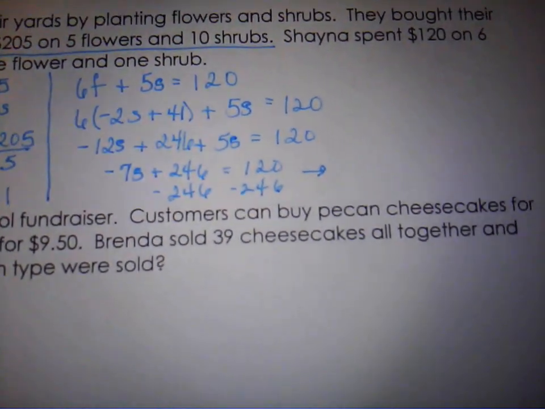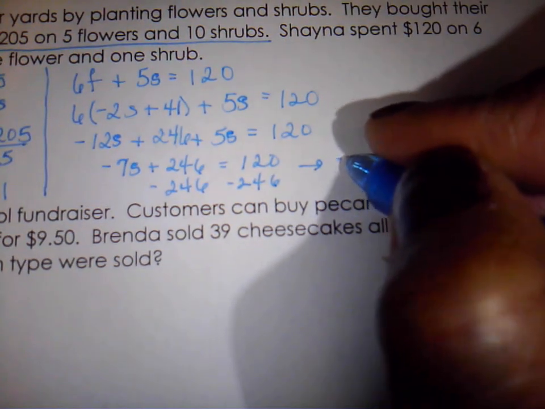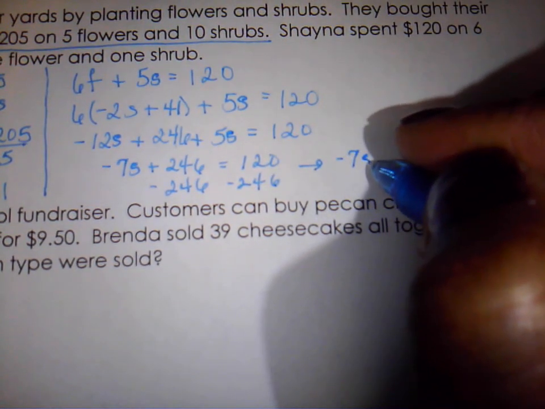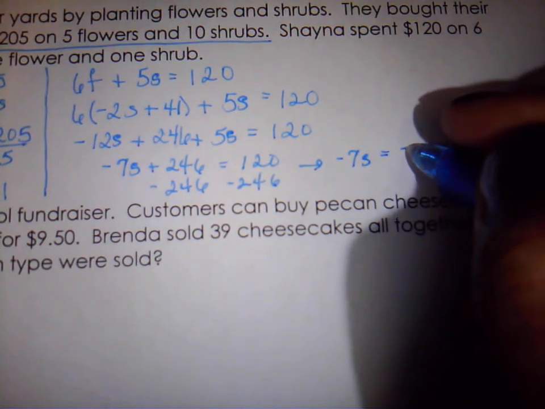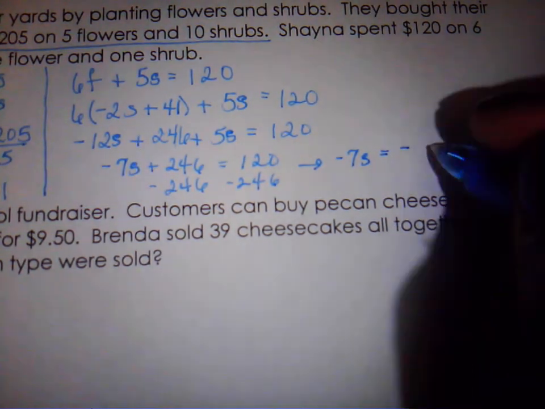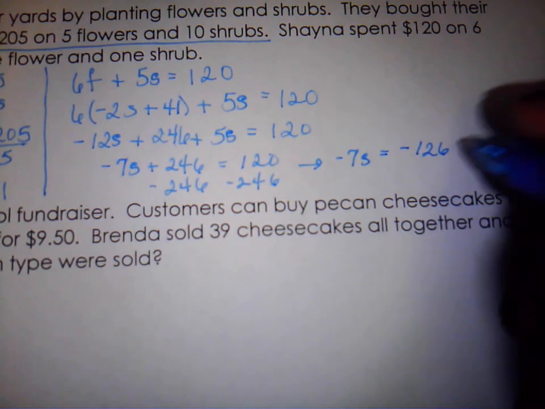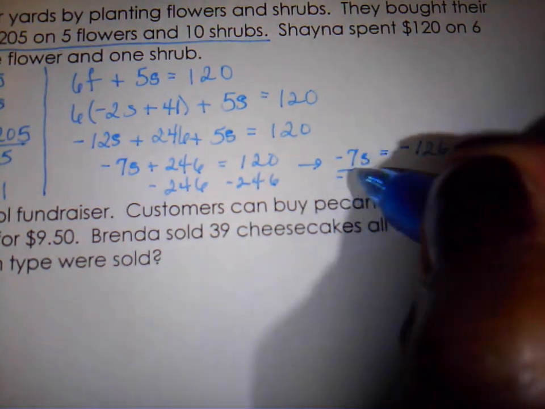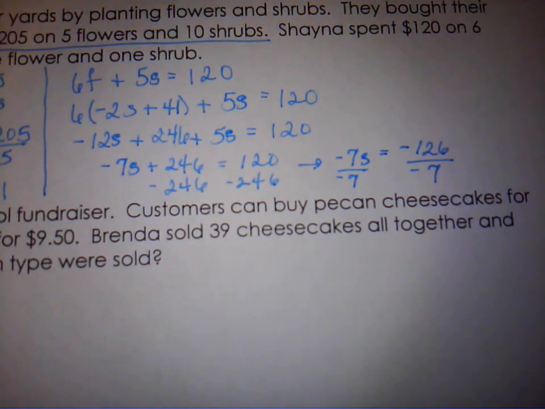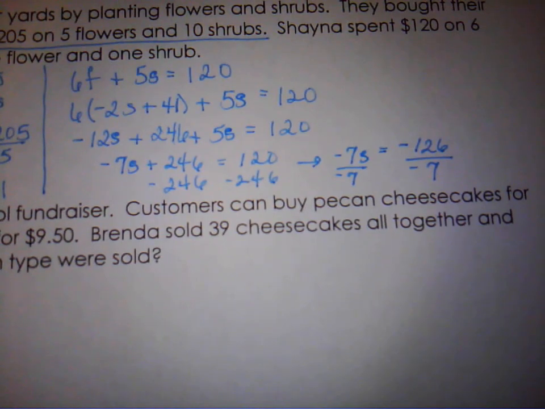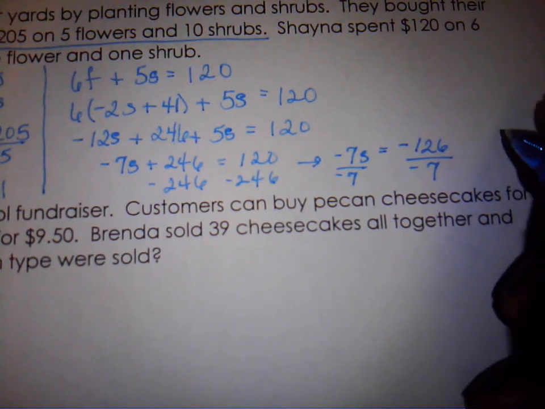And so this is going to become negative 7S is equal to a negative 126. Then I'm going to divide both sides by negative 7. And I guess I'll just go old school and just divide it out.